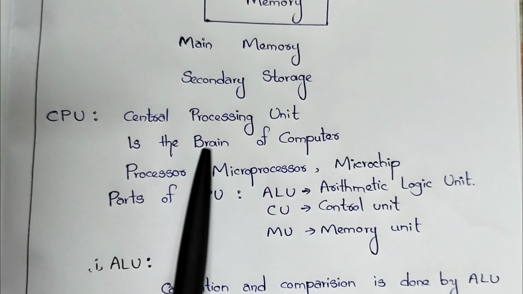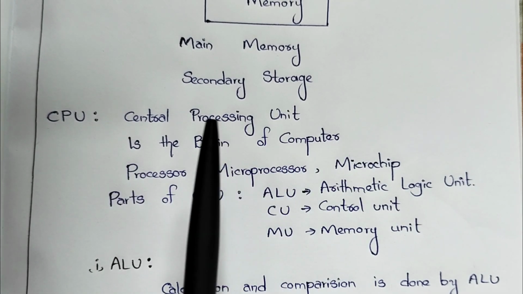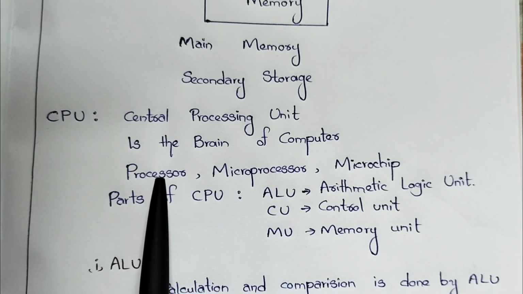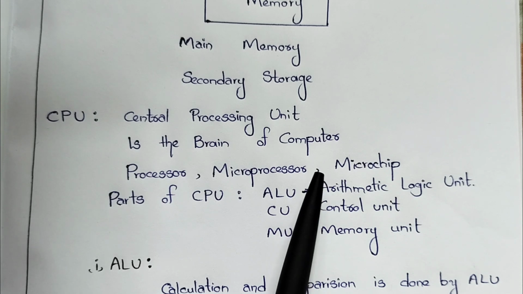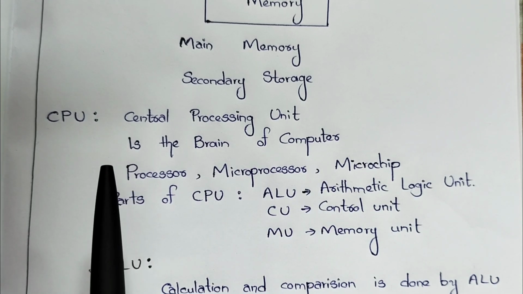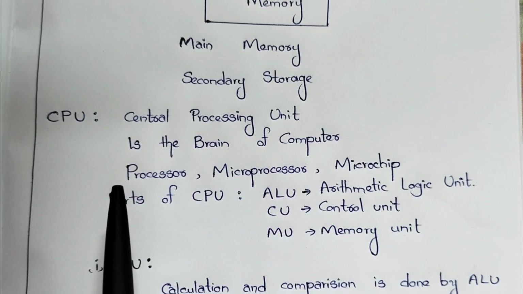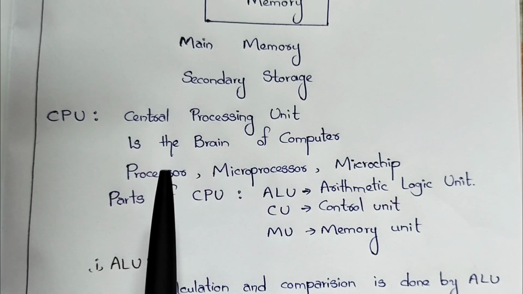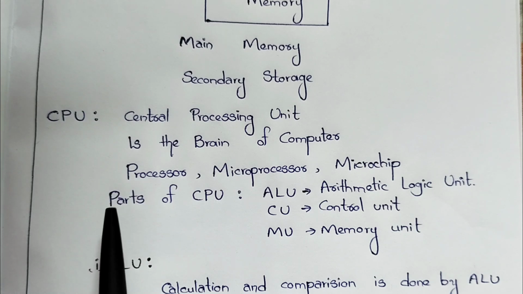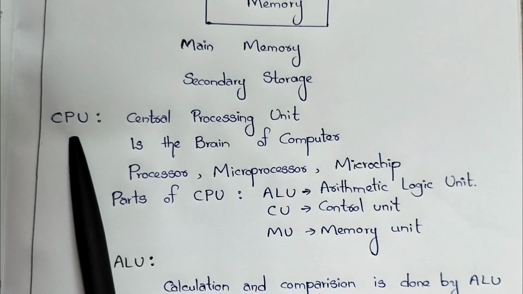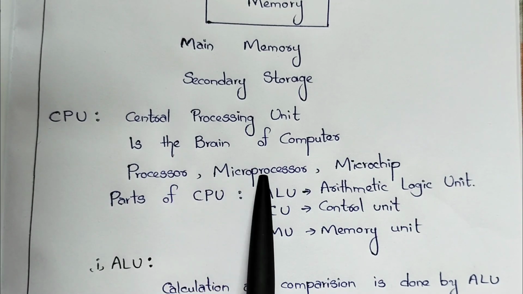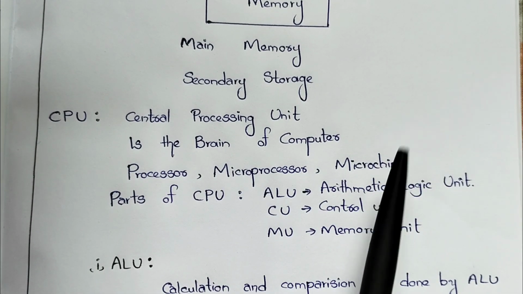CPU stands for central processing unit, and it is also considered as the brain of the computer. So you know about the CPU, right? Since childhood we are learning that CPU is the brain of the computer, CPU is the fastest. CPU is also called as processor, microprocessor, or microchip.